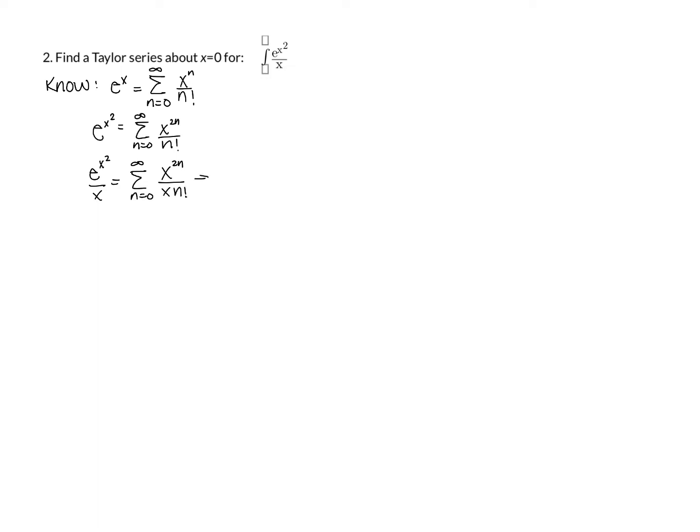Cleaning that up, we get the series from n equals 0 to infinity of x to the 2n minus 1 over n factorial.